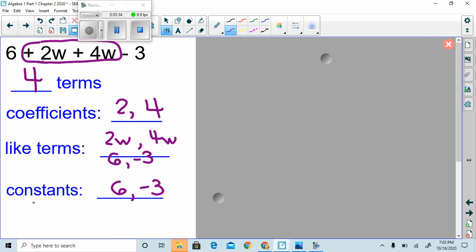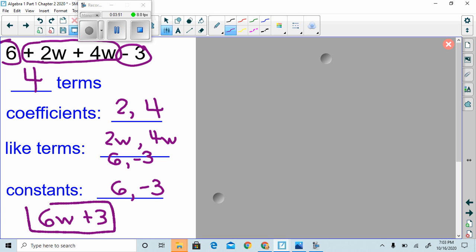So I'm going to combine them. 2w plus 4w is 6w. But wait, there's a 6 and a minus 3. These are also like terms. 6 minus 3 is 3. I have simplified, which is just equivalent to the original expression, and it has 2 terms.